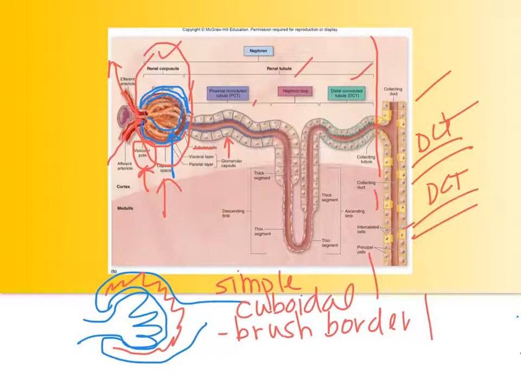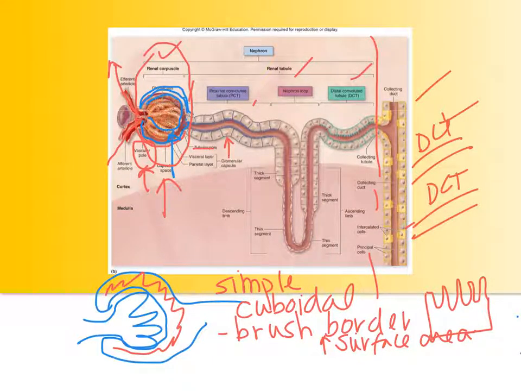The brush border is a whole bunch of microvilli on the cells, and anytime we have that, that's going to increase the surface area. If we increase the surface area, that's going to allow for more transport. So increased surface area, increased cell transport. Which makes sense, right? So in here, this little blue, that's increasing the surface area. Those are the microvilli. Okay, so PCT, proximal convoluted tubule.